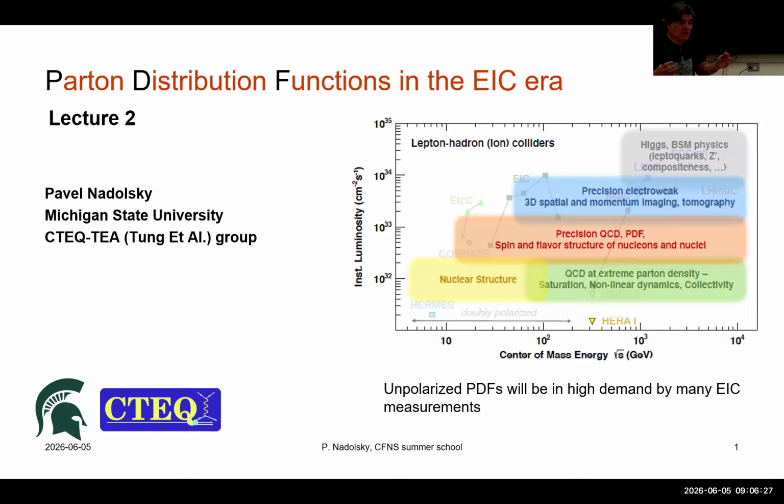Whatever you do at the EIC, you will need to have unpolarized cross-sections as a reference. To calculate the unpolarized cross-sections in a typical setup, you will need unpolarized PDFs. And whatever you learn about unpolarized PDFs can also be translated to many other measurements, let's say about the spin PDFs or the nuclear PDFs. So that's the path that can be foreseen.